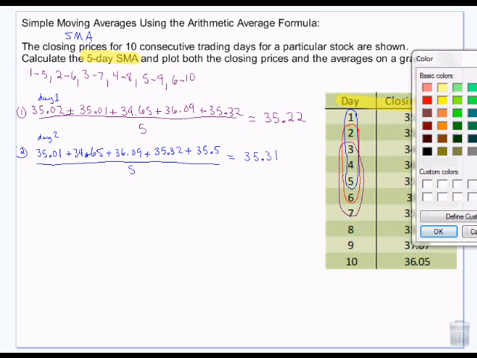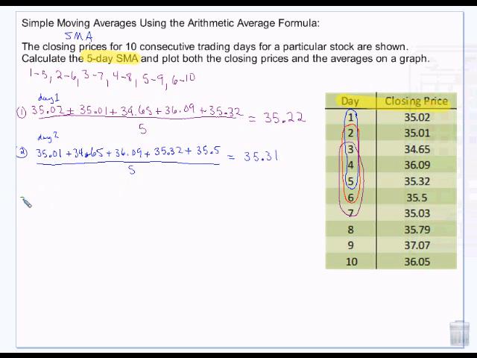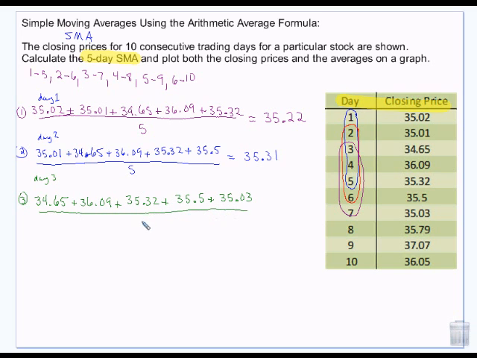For the next one, we start at day 3. You're always dividing by 5 because it's a 5-day average, and you get 35.32.